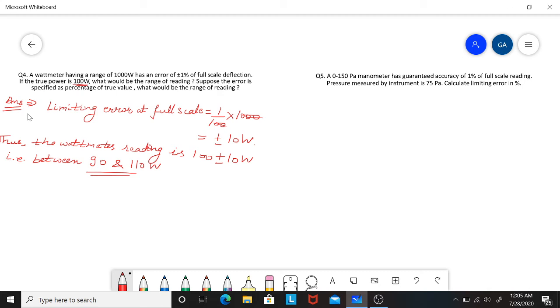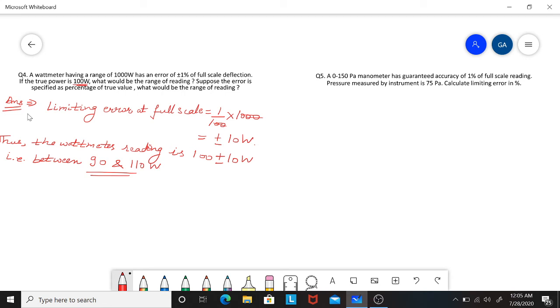Okay. Now they are saying suppose the error is specified as percentage of true value. So how can we calculate it? Now the true value will be your 100 watt, right? Because the error is specified as percentage of true value.